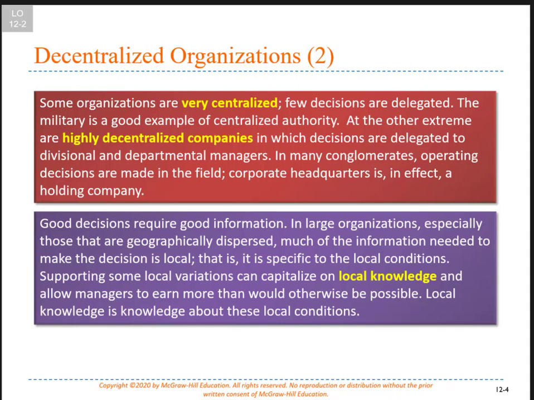because they are going to have what it says here, local knowledge. So those decentralized decisions can use more local, more specific knowledge than can possibly be brought into one centralized location. So there are definitely some advantages and disadvantages of decentralization.